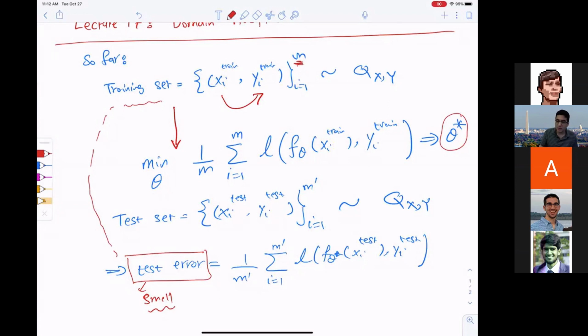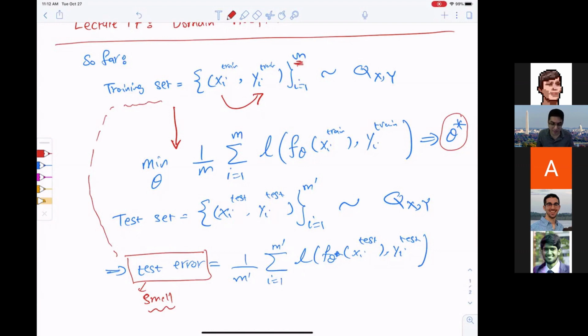Okay, so the question is, is this a realistic setup or not? So what do you guys think? So I see one answer, no. Why is that? Why isn't this a realistic setup? Okay, so I see one answer.